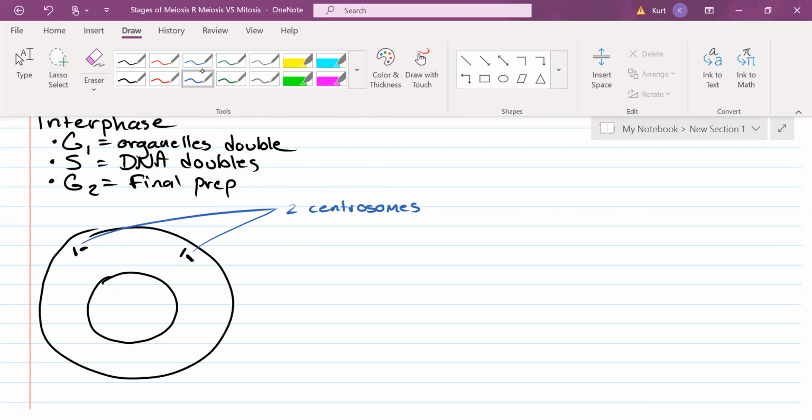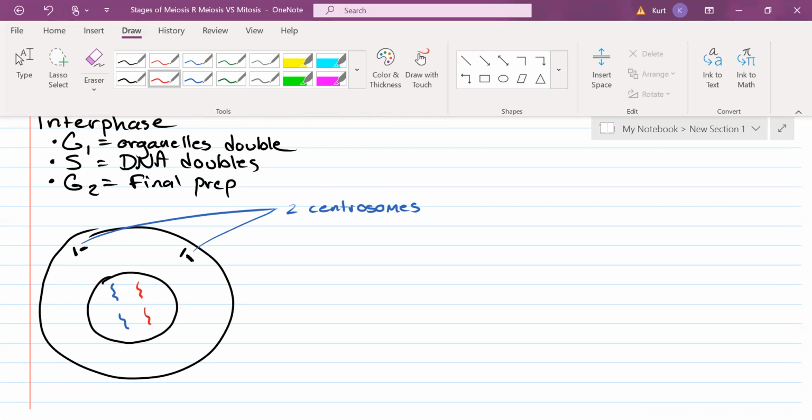And also, let's say that this is chromosome 1 from the male parent, chromosome 1 from the female parent, chromosome 2 from the male parent, chromosome 2 from the female parent. Now, I understand that in interphase, the DNA is not visible. I am doing this so that you can see what has actually happened.